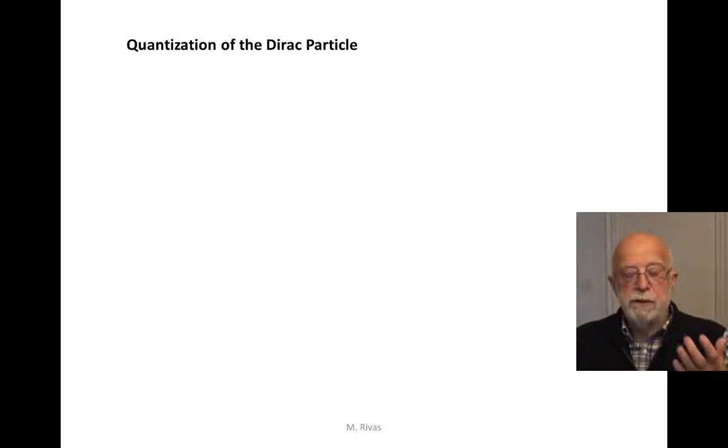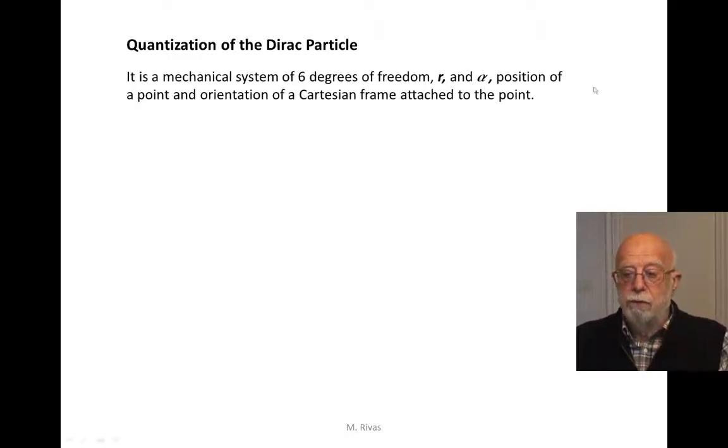We know that this particle is a system of 6 degrees of freedom. 3 represent the position of the point, and 3 the angular rotation of a frame associated to that point.